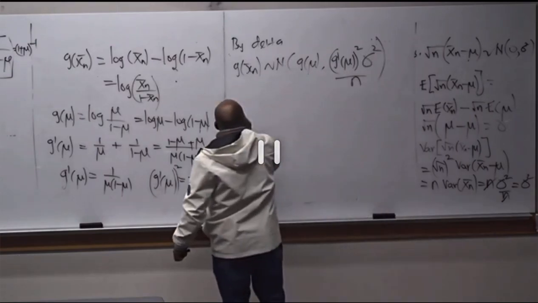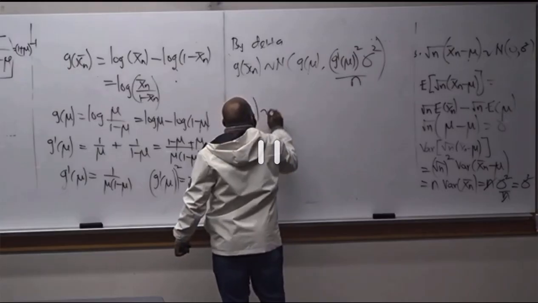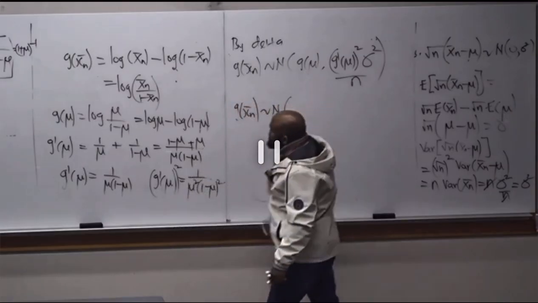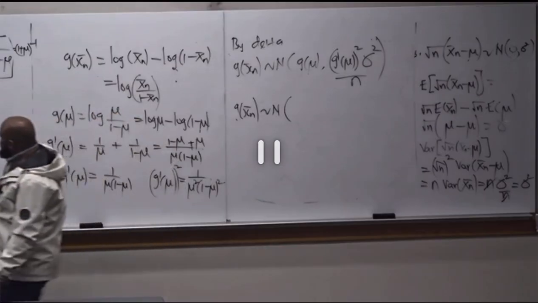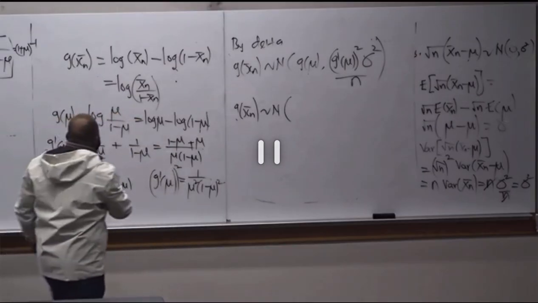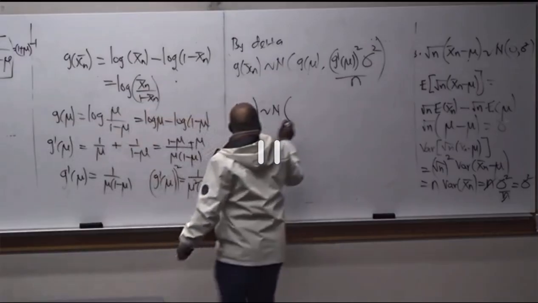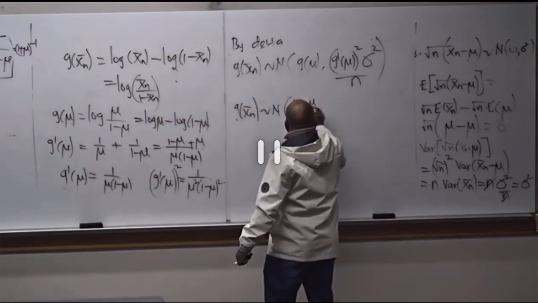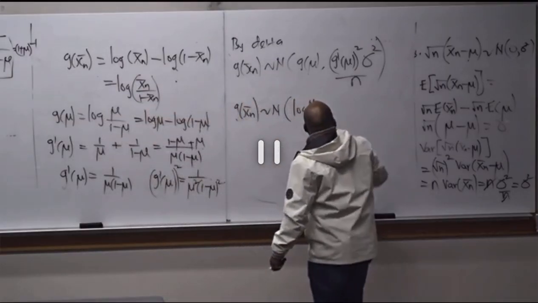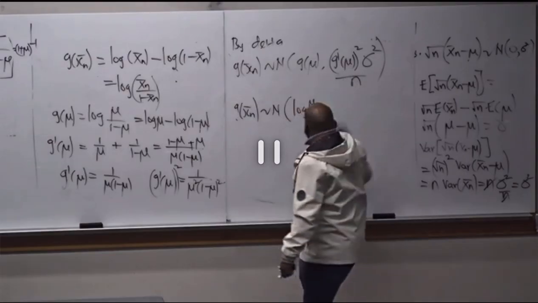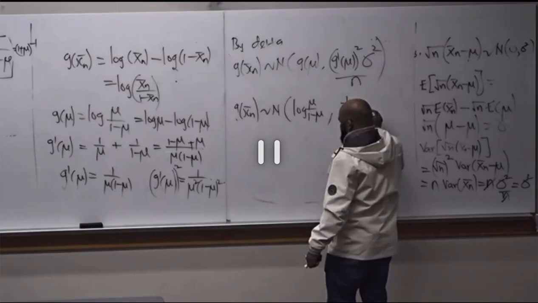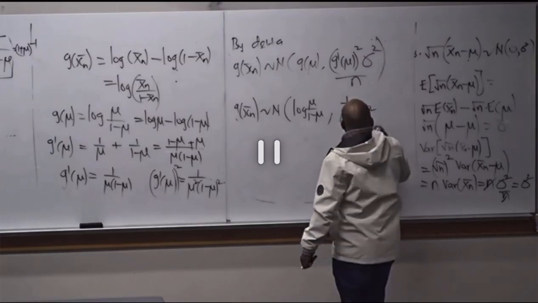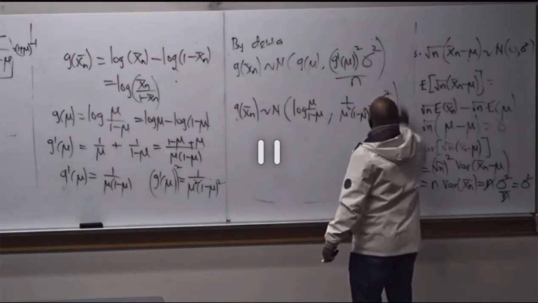What is G of mu? Where's the G of mu? Where did I start? Okay, this guy. Log of mu over 1 minus mu, and 1 over that. What is the square of that? 1 over mu squared times 1 minus mu squared, and sigma squared.